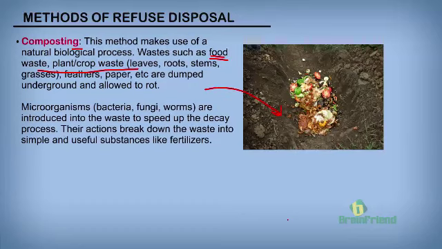And then, to speed up this decay process, microorganisms such as bacteria, fungi, worms are added into these wastes. And then their actions break down the waste into simple and useful substances like fertilizers.